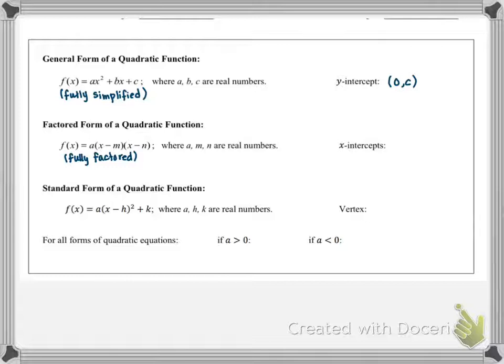And we know that if we set it equal to 0, we get x minus m equals 0, x minus n equals 0, so x equals m, and x equals n. So I can get my x-intercepts directly from that form.